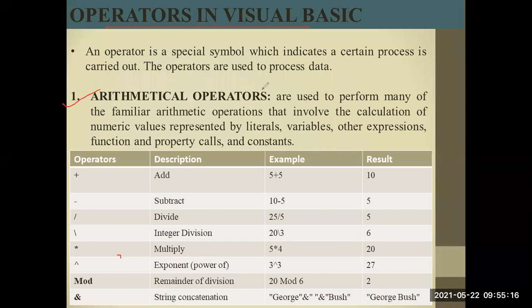Basically it is a binary operator. Binary operator means it supports two operands. To use this type of operator we require two operands, and it is used to perform many of the familiar arithmetic operations for the calculation of numeric values represented by literals, variables, other expressions, functions, subfunctions and constants.